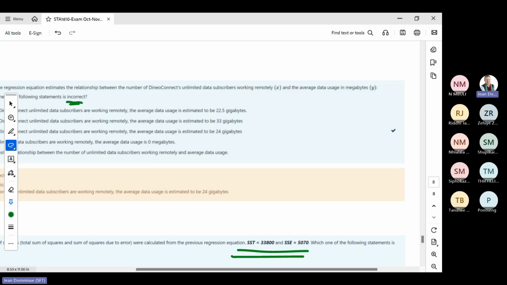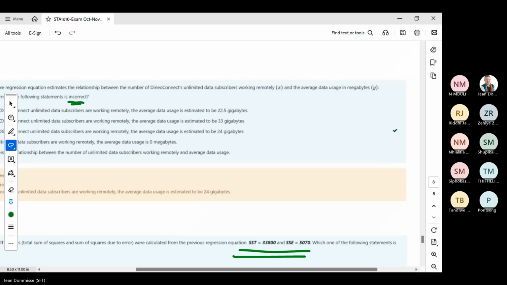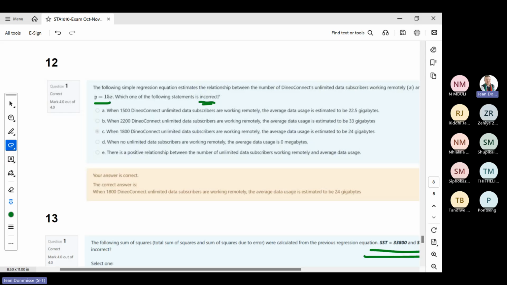So 15 times 1,500, we just substitute in this formula that as X, and that gives you 22.5 gigabytes. Correct. Then we go to the next one.